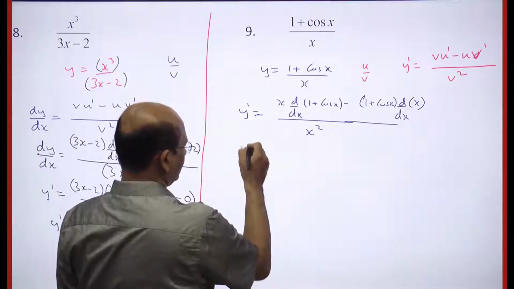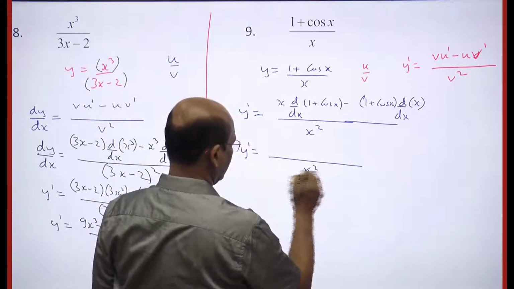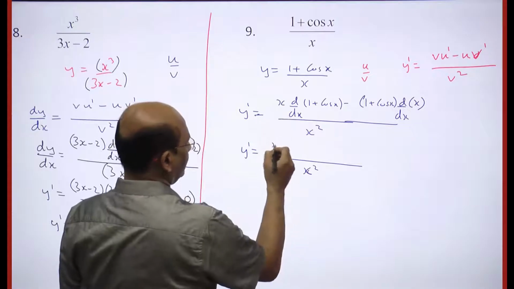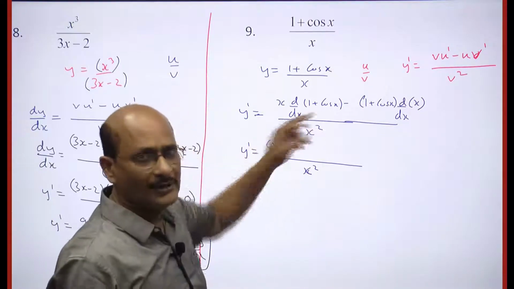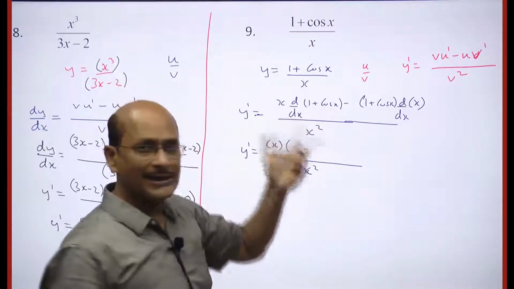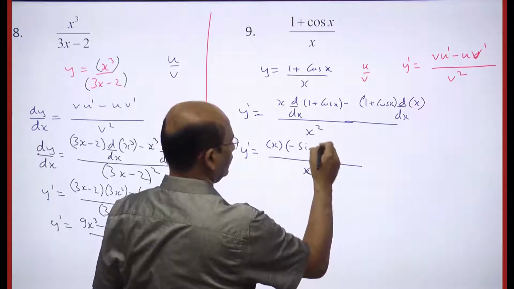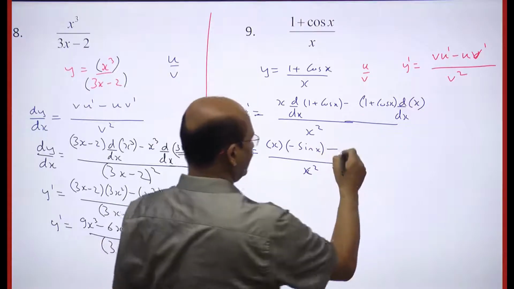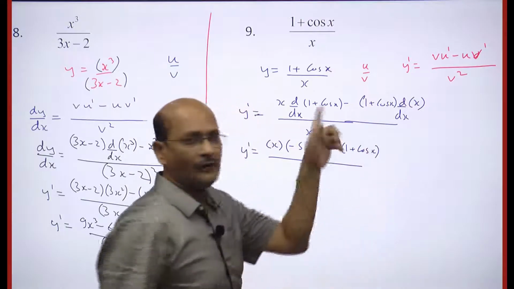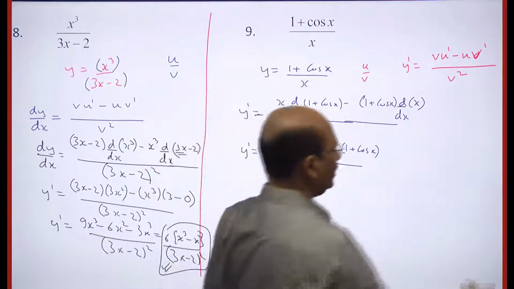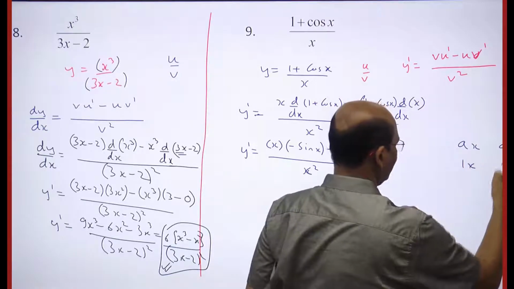So y dash, this will be x square, x bracket, I told you never to lose the bracket, into, what is derivative of 1? 0. Derivative of cos x is minus sin x, minus 1 plus cos x as it is. What is derivative of x? 1, because derivative of ax is a, so derivative of 1x is nothing but 1.